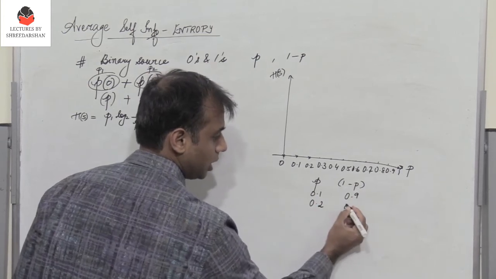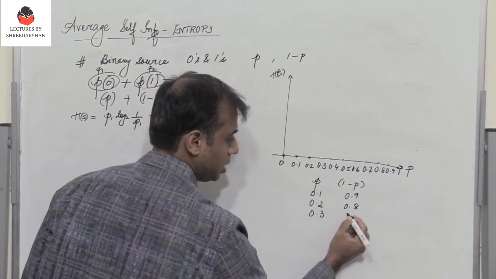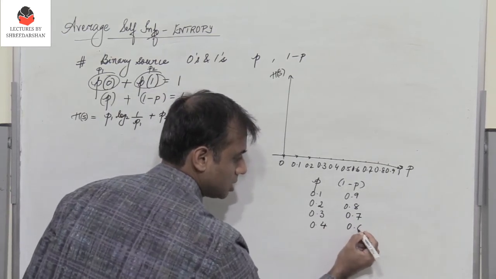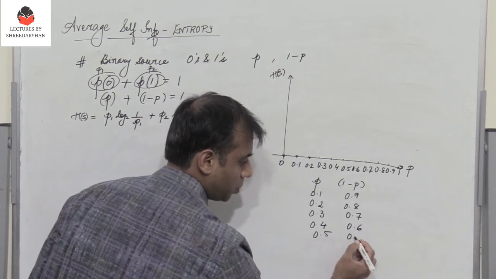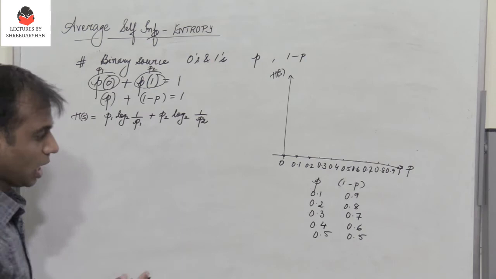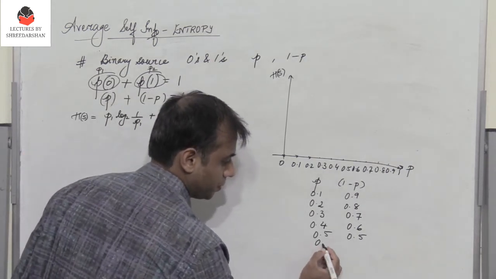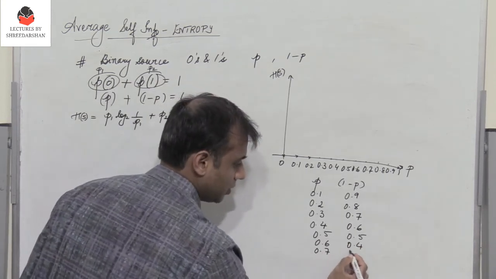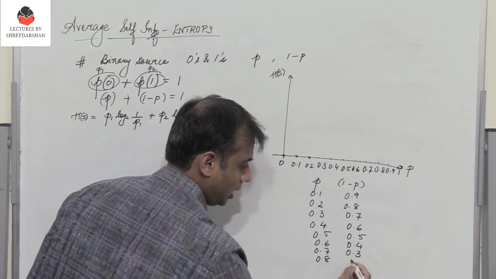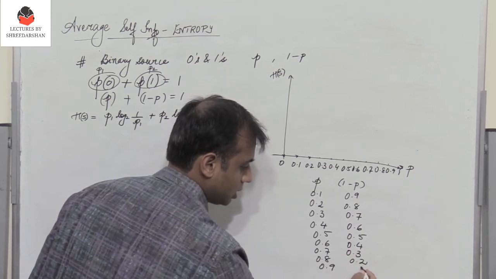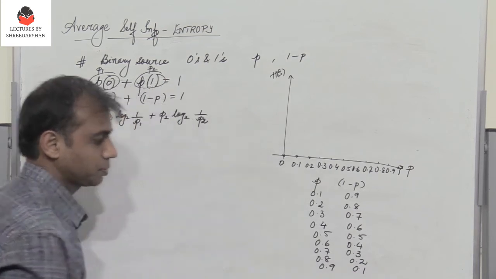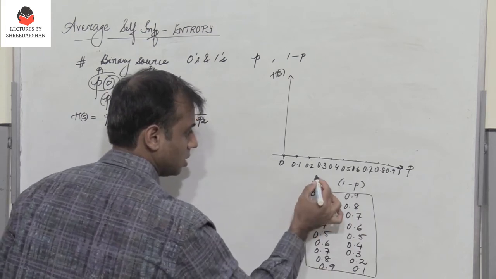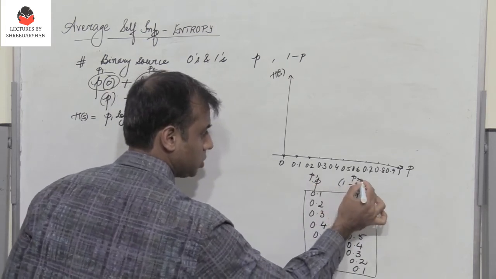If p is 0.2, I get 0.8. 0.3, I get 0.7. 0.4, I get 0.6. 0.5, I get 0.5. And then what happens if this is 0.6? I get 0.4. If this is 0.7, I get 0.3. 0.8, I get 0.2. 0.9, I get 0.1. So these are the values I get, p and 1 minus p. So this is say p1 and this is say p2.